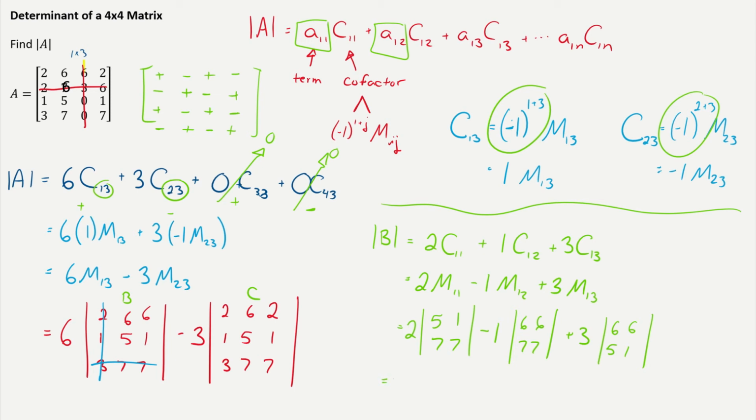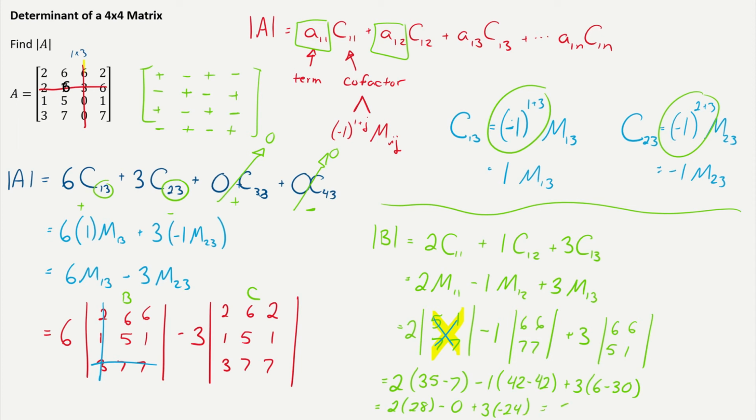All right, now with the determinant of a 2x2, it is just 5 times 7 minus 1 times 7. Or you can call that A times D minus B times C. So we are going to get 35 minus 7 minus negative 1 times 42 minus 42 plus 3 times 6 minus 30, giving us 2 times 28 minus, well, 0 because I have negative 1 times 0, plus 3 times negative 24.